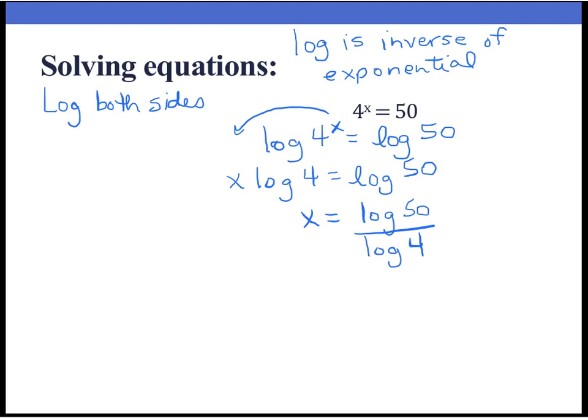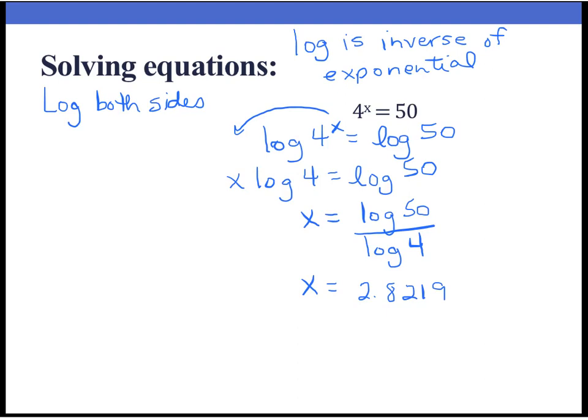Now, we're not going to divide 50 by 4. Log of 50 divided by 4 does not give us the same as log 50 divided by log 4. So you need to enter these both into your calculator separately. When you do that, you're going to get 2.8219.